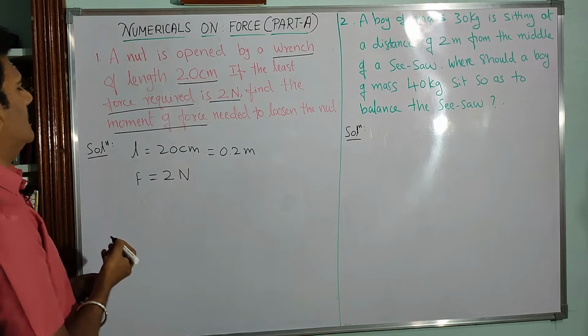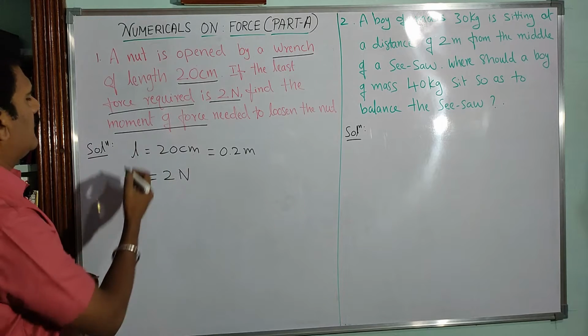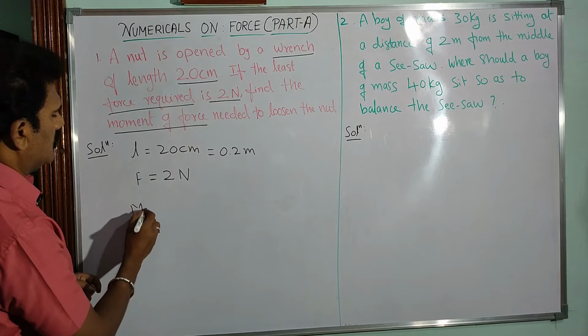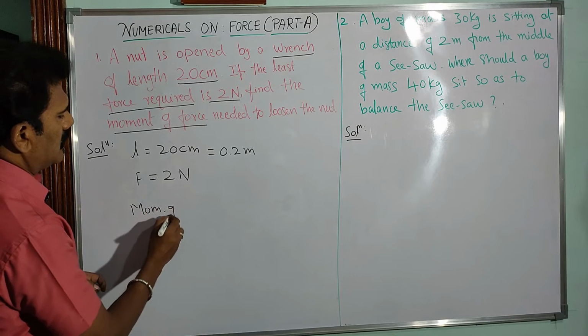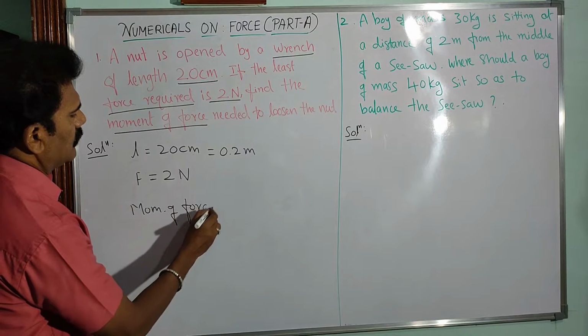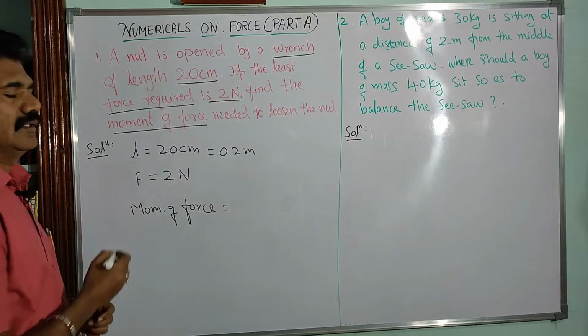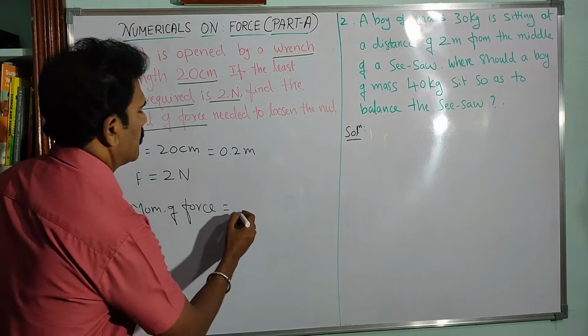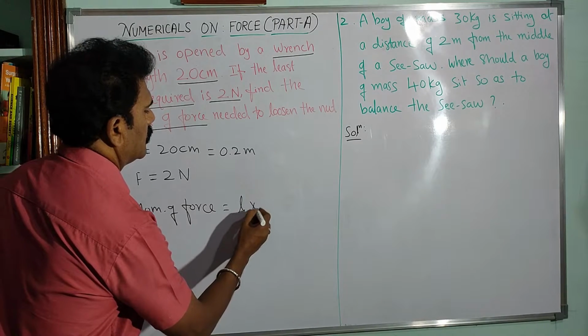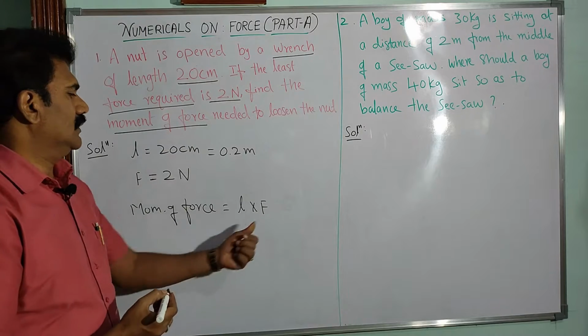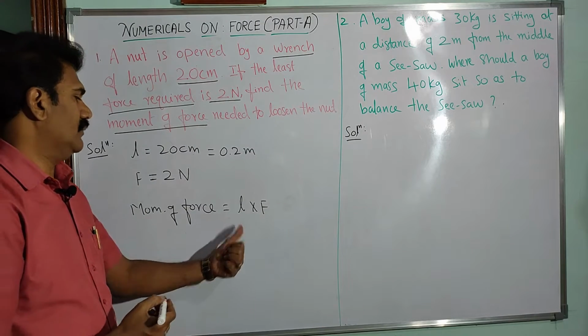Then you have to apply the formula to calculate the moment of force. Using this given data, calculate the moment of force as the product of length into force. You can consider the product of force into length here.